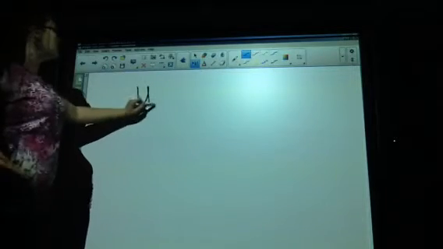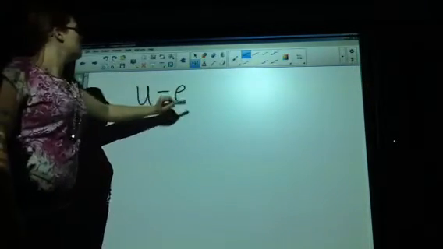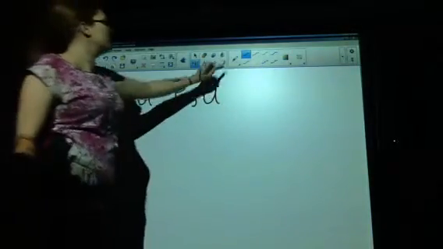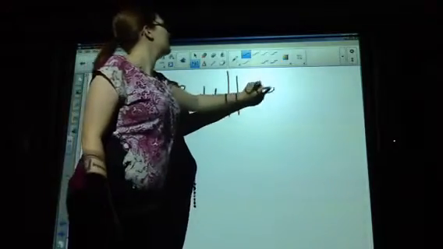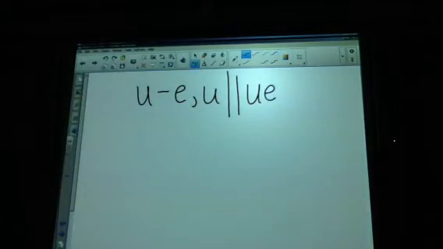Real quick, how have we been spelling the U sound on our worksheets? Consonant E, comma, U. So at the end of a word, if you hear ooh or you, it might very well be U-E. Very good. All right, so let's split up into our groups and get to work.